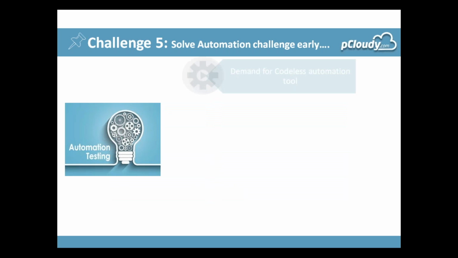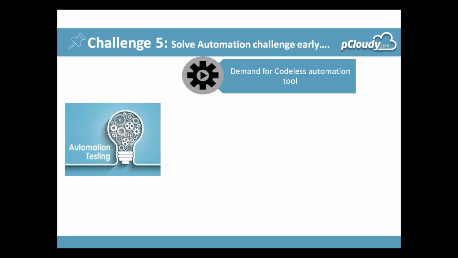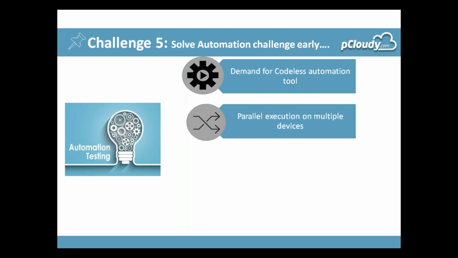It's very important that we solve that automation challenge early on within the testing strategy. And there are a few important decisions to be taken when you think about your automation strategy.